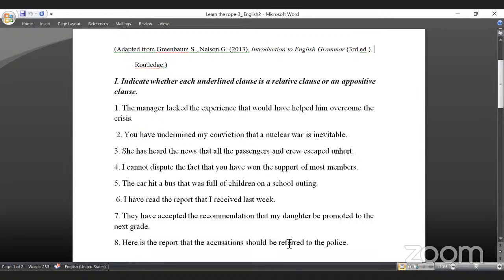So this that, the word, how is the word that in a relative clause different from the that in an appositive clause? Like in this sentence, the word that has a function within the clause, that would have helped him overcome the crisis. Whereas in an appositive clause, you can remove that and still have a meaningful sentence.